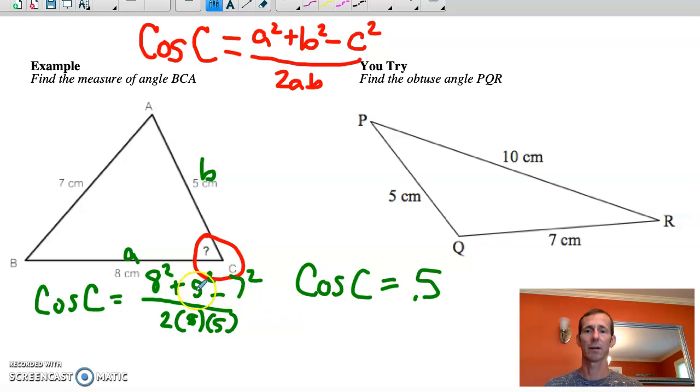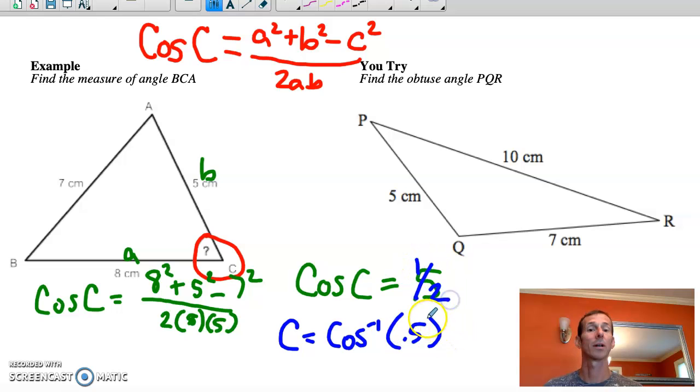If you were to calculate all that, you get 64 plus 25 minus 49 over 80. That equals a half. And how do I figure out the angle? That's where I just use my inverse trig functions on my calculator. So C is going to be cosine inverse of 0.5, but you may remember when cosine is equal to a half from back on the unit circle, and that would equal 60 degrees.